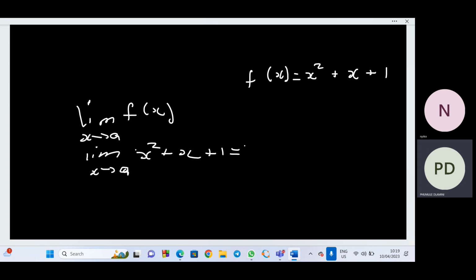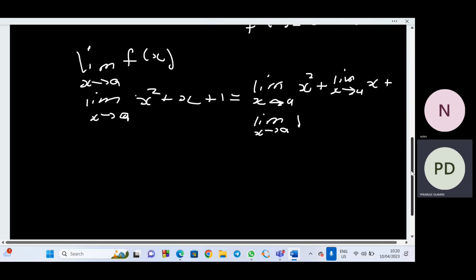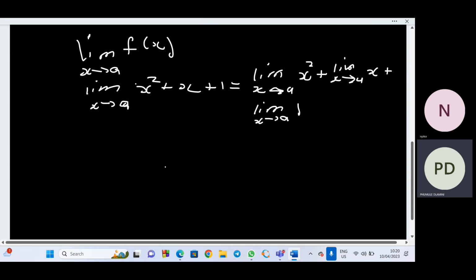Then you can write it as the limit as x approaches a of x squared plus the limit as x approaches a of x plus again the limit as x approaches a of 1. So you can also use that method, even for subtraction, even for addition.